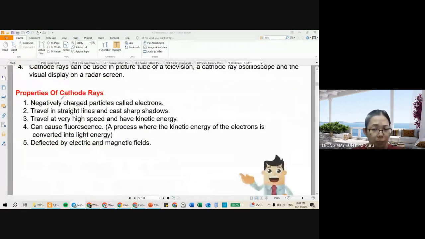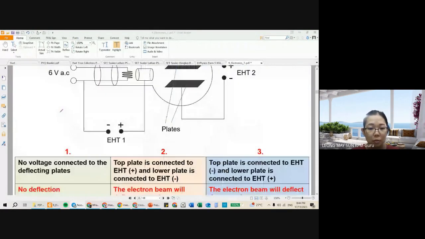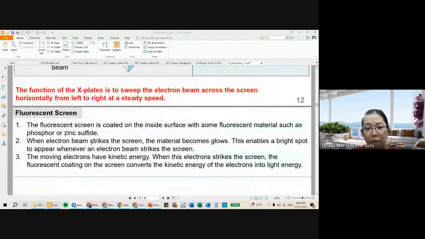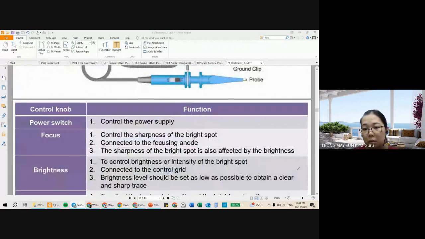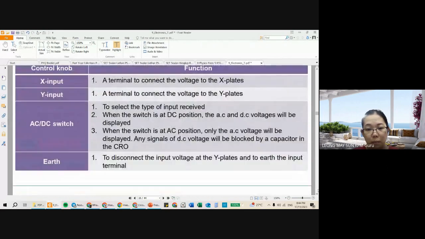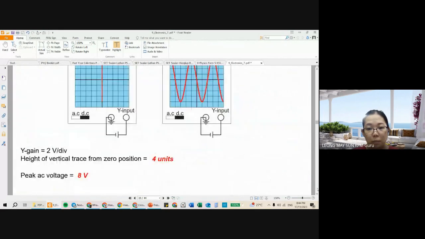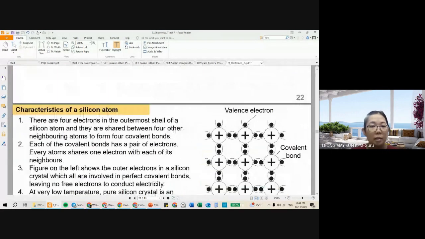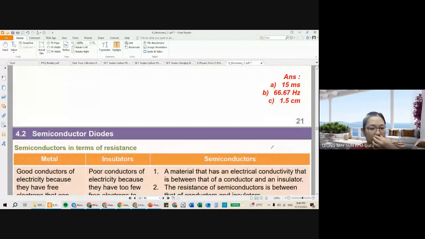So I want to talk about diodes. That's the main thing that I think you guys are confused with. Now, semiconductor diodes.